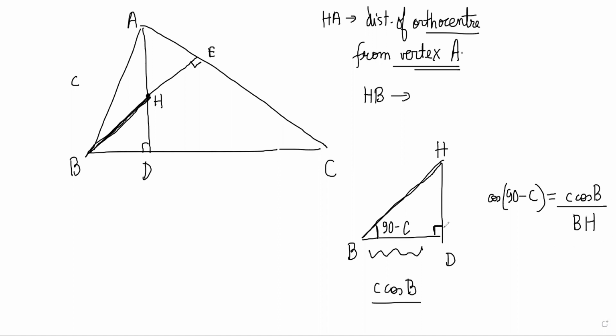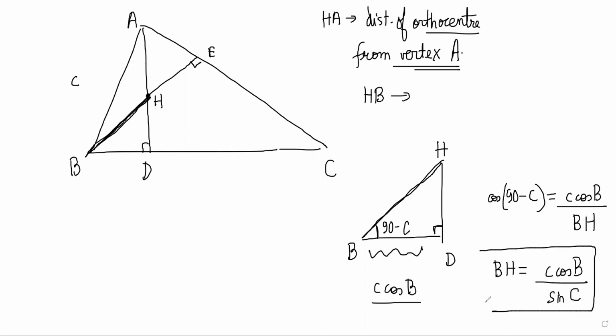Because this is a right angle triangle. So BH will be equal to C cos B by cos 90 minus C, which is sin C, right? And C by sin C is 2R. So you get BH is equal to 2R cos B, right?